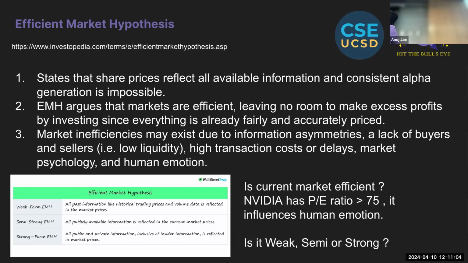You can have all the information in the existing period incorporated into an alpha, but still it's not possible to generate a consistent alpha, right? That's as a result of market inefficiencies. They can be of various types, mostly human sentiment, emotion, or high transaction costs, lack of liquidity. Those can be the reasons.